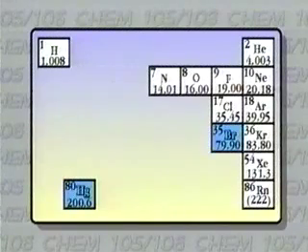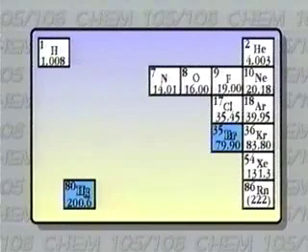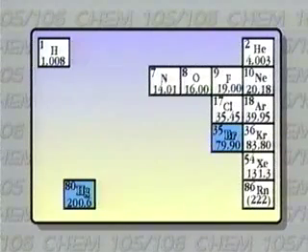So if we look at it, we're talking about 1, 2, 3, 4, 5, 6, 7, 8, 9, 10, 11. 11 of the 109 elements are gases, 2 are liquids, and the remainder of them are solids at room temperature. So most of the elements are solids.